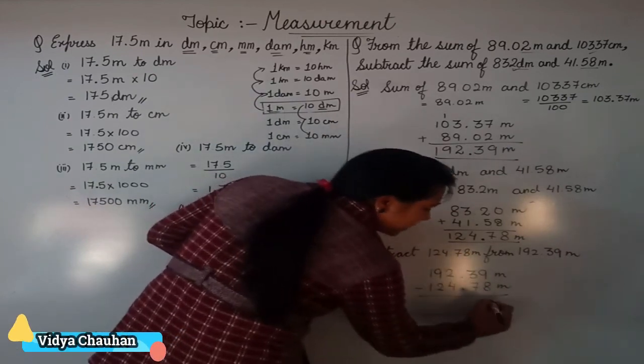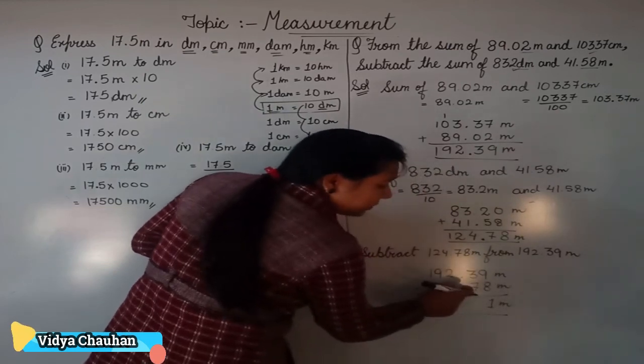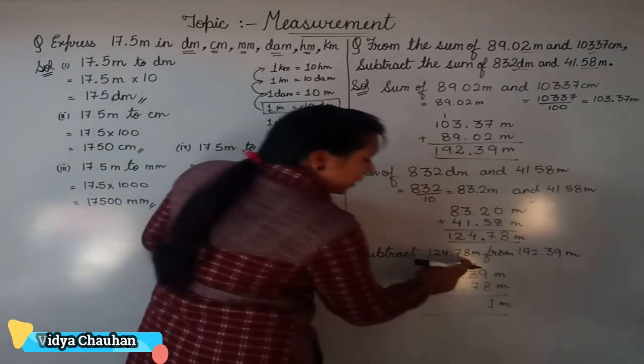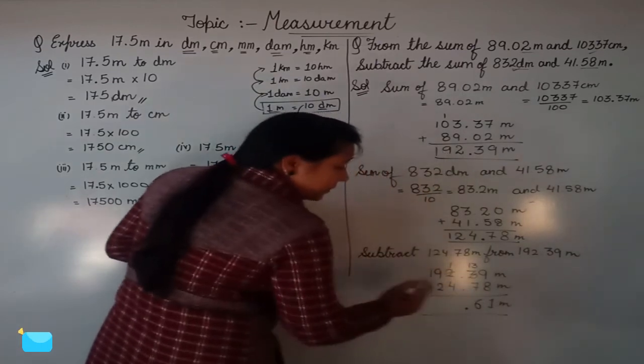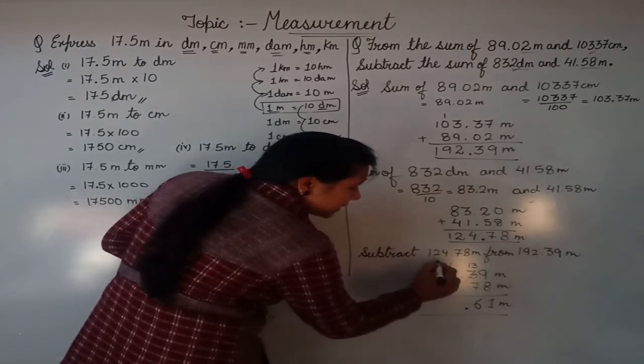9 minus 8 is 1. 3, we cannot subtract 7 from 3, so let's take a borrow. 3 will become 13, 2 will become 1. 13 minus 7 will give you 6. Then the decimal. Once again, we cannot subtract 4 from 1, so let's take a borrow.